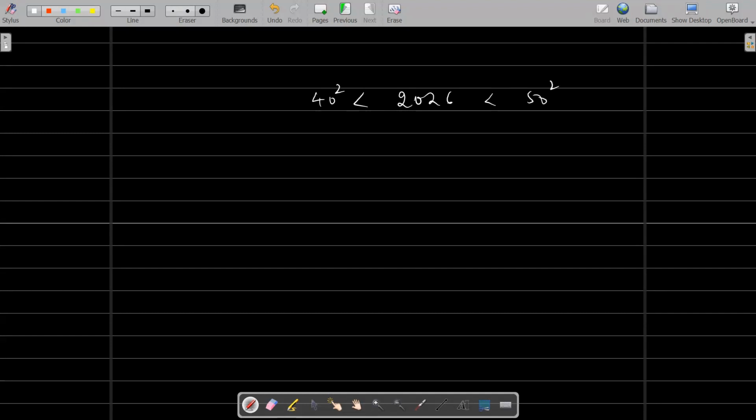Actually, it's 2023. Oh, sorry, yes, sorry, 2023. So what should I do? I should erase that. Right? Yeah, so 2023 is between 40 square and 50 square. And then you reduce the boundaries.